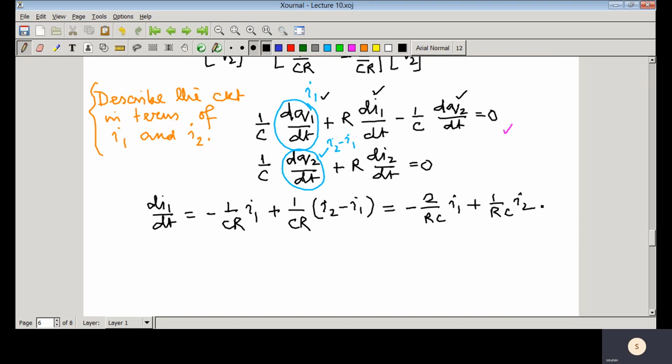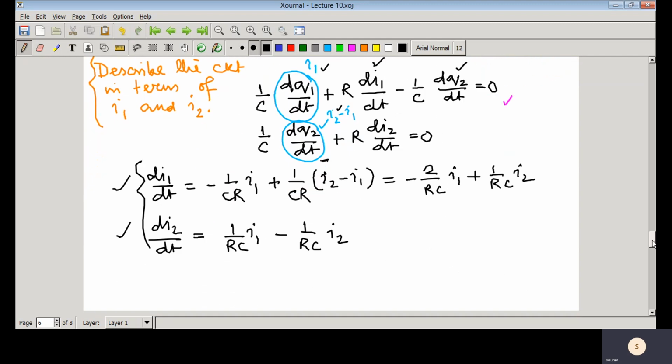Similarly, the other one, di2 by dt, is equal to 1 by RC into, we are taking this term to the right, so this minus would be plus, I1 minus 1 by RC I2. So you now have two differential equations in terms of I1 and I2.